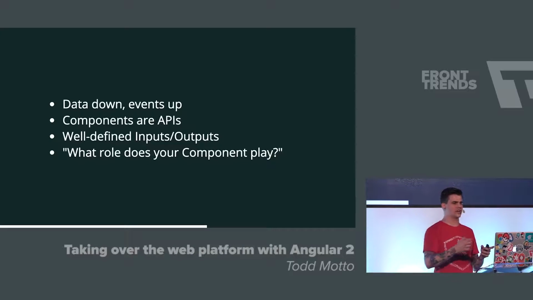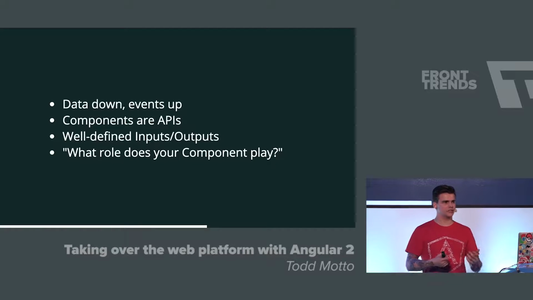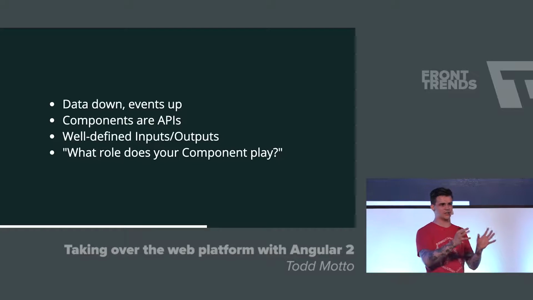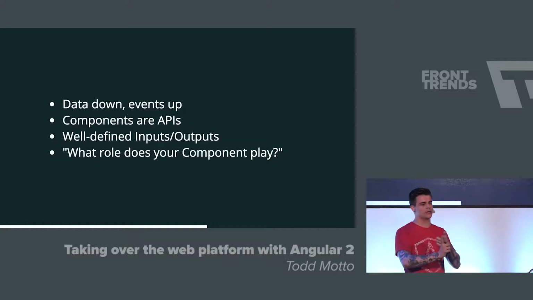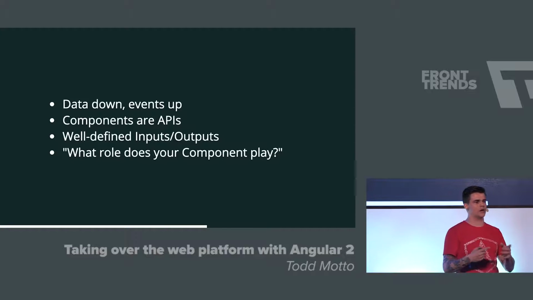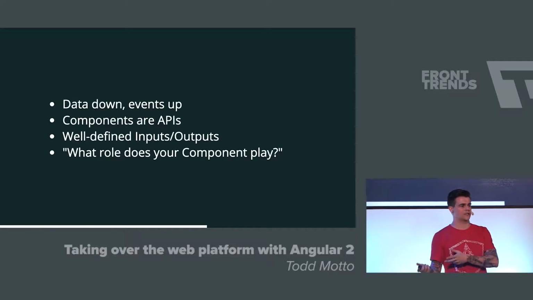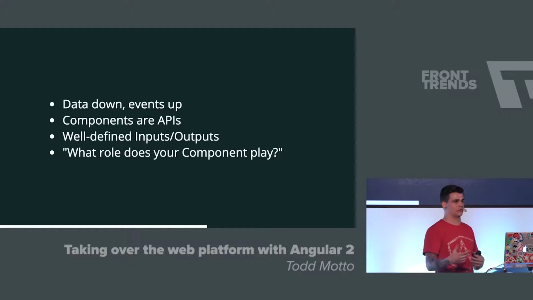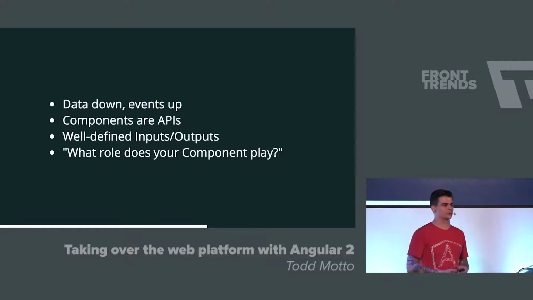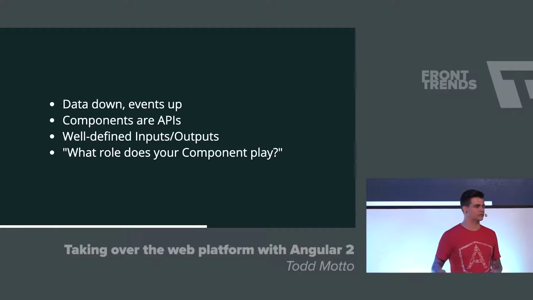Then you might have an onChange and then a function. If you imagine translating that into a type of component, your component is just an API. So it receives data, it has an input, and then it outputs data. A jQuery plugin that has a callback, that is kind of an output. It's outputting data that you can then attach to. So we can do this much more cleanly using inputs and outputs.